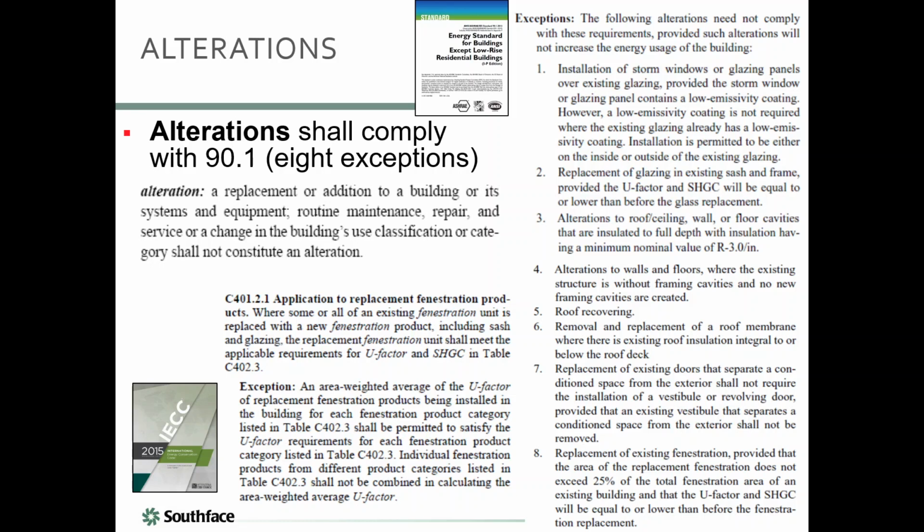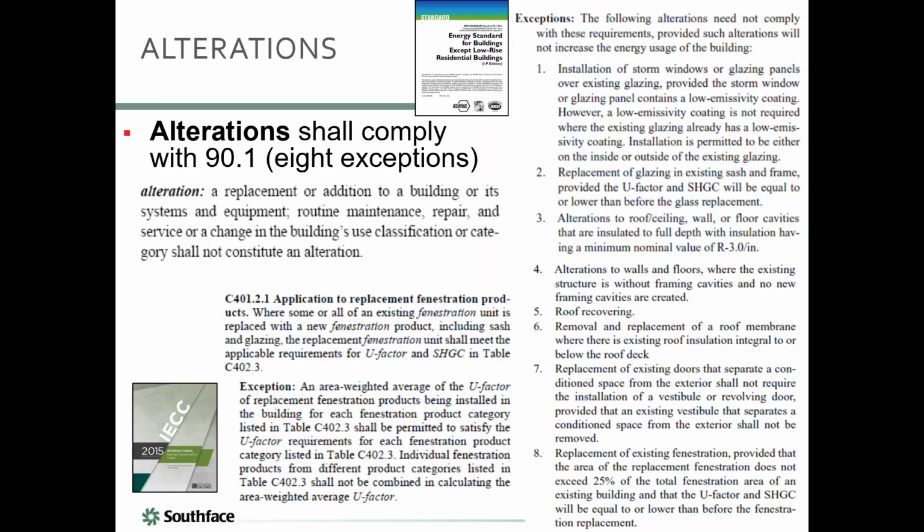And the other thing is that generally with glazing replacement, take a look at each code, and they have sort of different approaches. The IECC kind of says the weighted average exception can be applied.